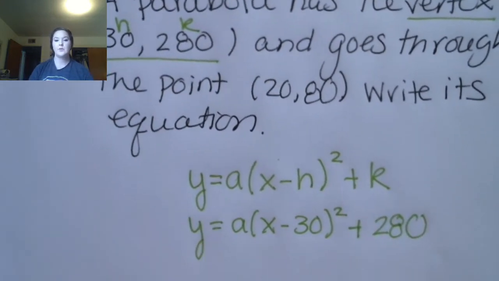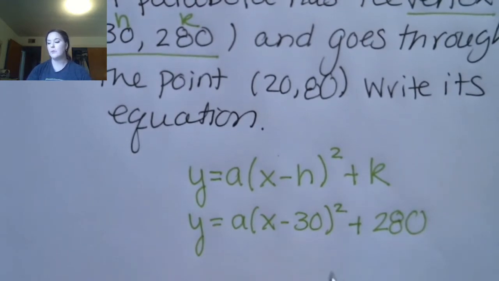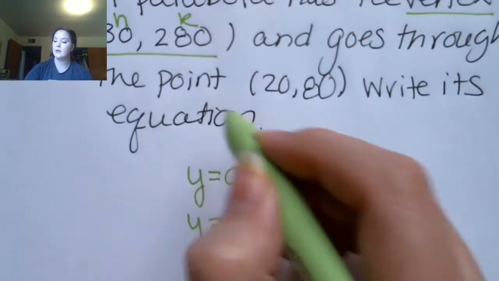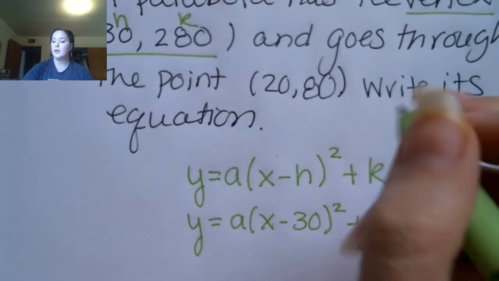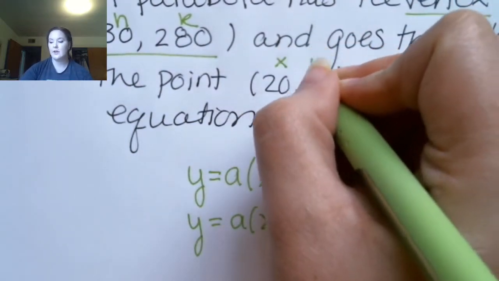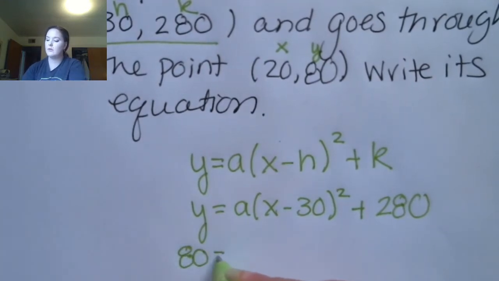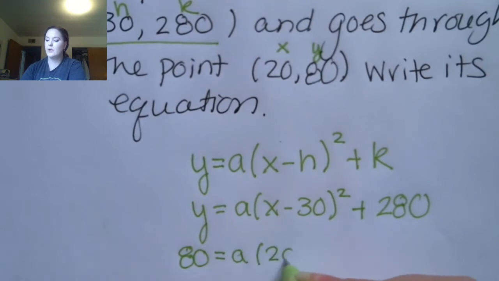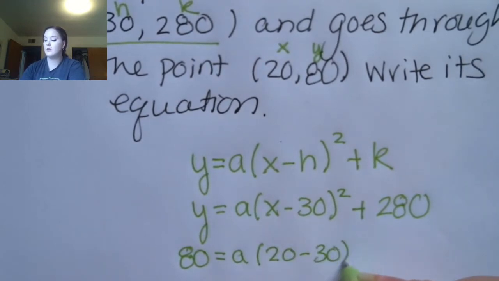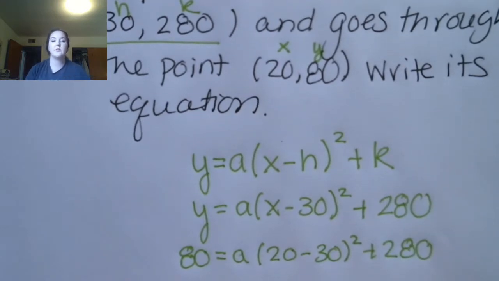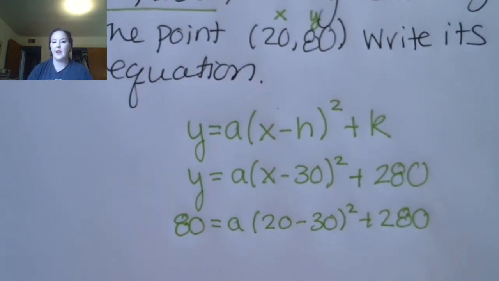This looks pretty good already, right? We really only have one thing left that we need to fill in, and that's where this second point comes in. We're going to plug in our second point for x and y to help us figure out what a is. So we'll plug in 80 for y and 20 for x. Again, we're only doing this because we want to figure out what a is.